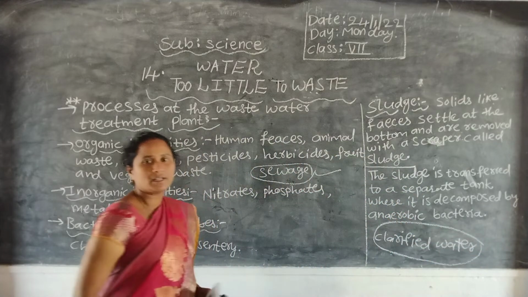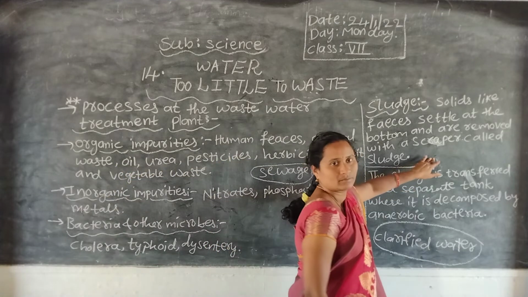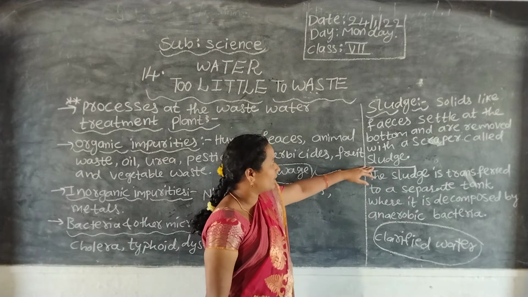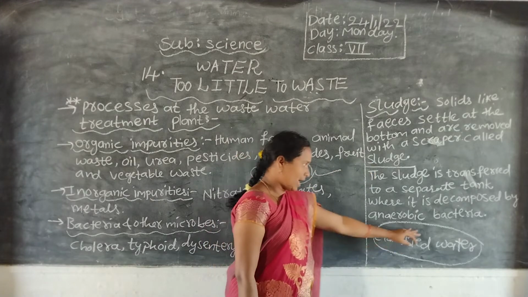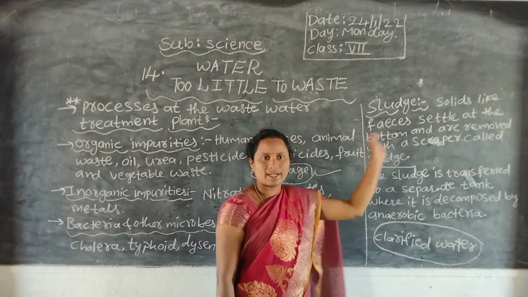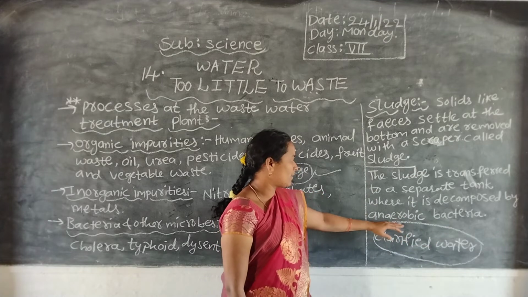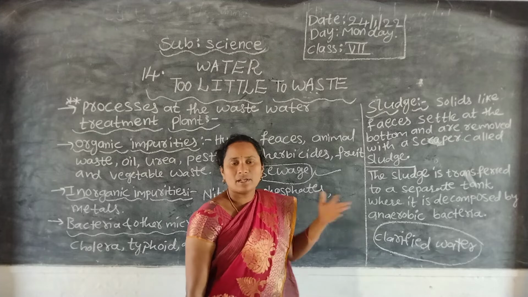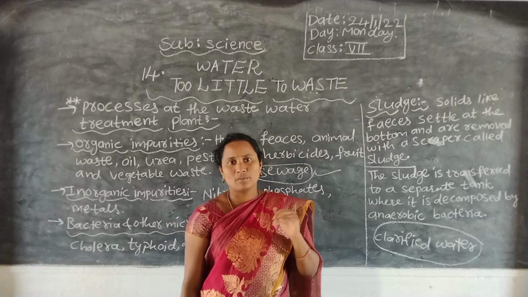Which type of water is known as clarified water? Water after removing the sludge, oil and grease. After removing the sludge, meaning human waste materials, and the oil and grease, the sludge is sent to another tank. That is used to prepare biogas: anaerobic bacteria develop and air is sent in, and the bacteria start consuming that waste material and biogas is produced.